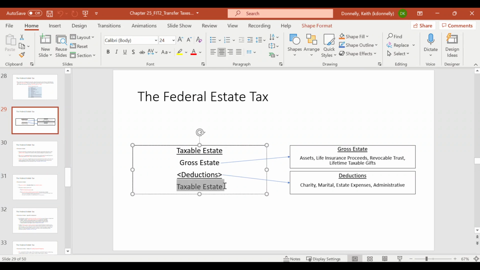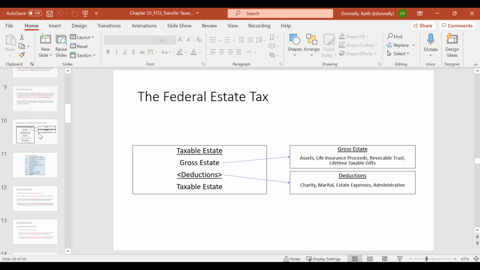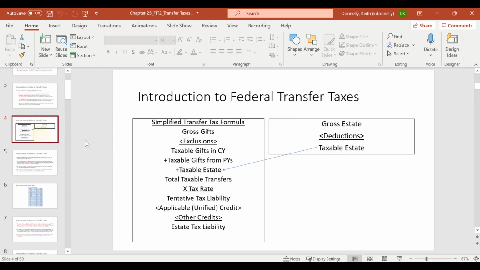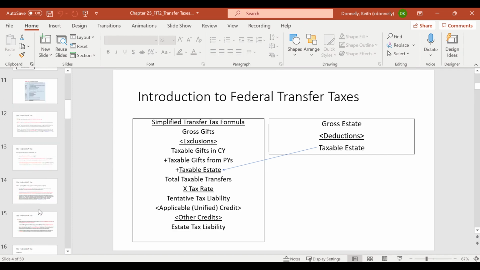To get from the taxable estate to tax liability, there's a few things in between. And this kind of harkens back up to here, right? This guy right here. Basically, to get from here to here, there's a few things we have to do in between.